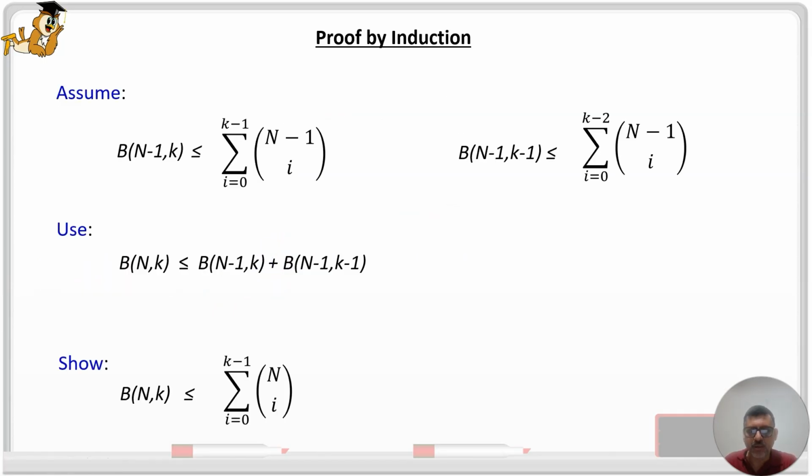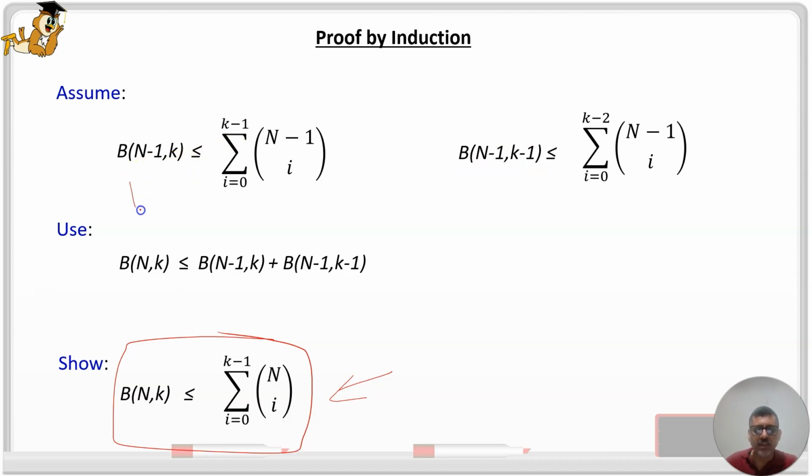To recap, here is how the proof by induction is going to go. We want to show that B(n, k) is less than or equal to the summation of n choose i's. In order to show this by induction, we assume that this thing holds for (n minus 1, k) and (n minus 1, k minus 1).